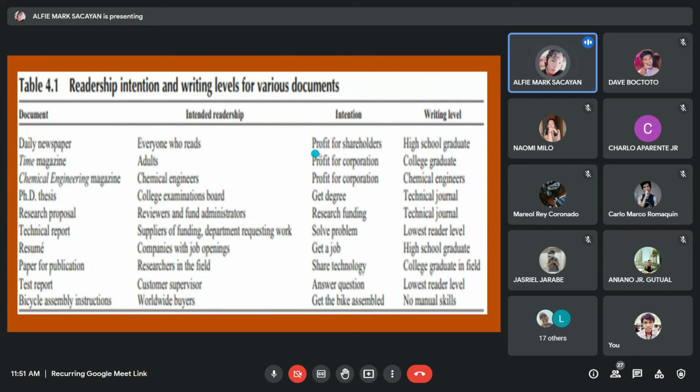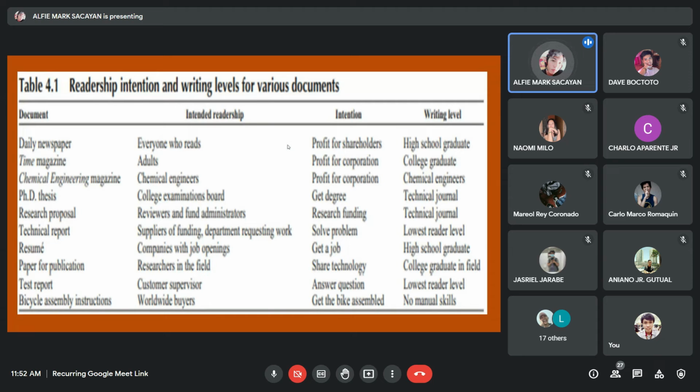So the criteria lang is that ang writing level is high school graduate kay makabasa na siya. So most likely ang newspaper siguro is nagadeal siya with business, so mao ni ang intention.